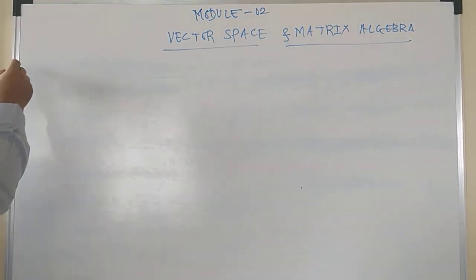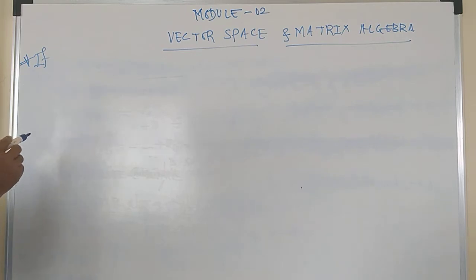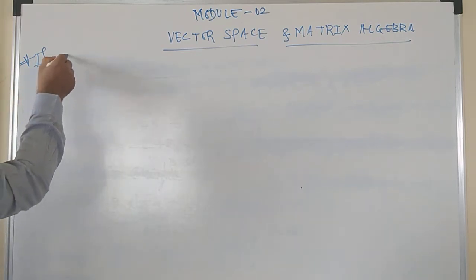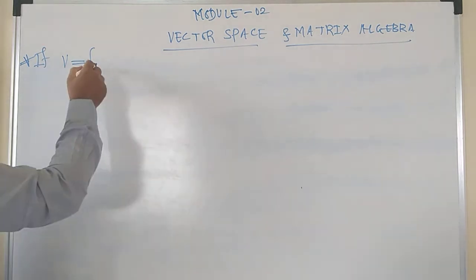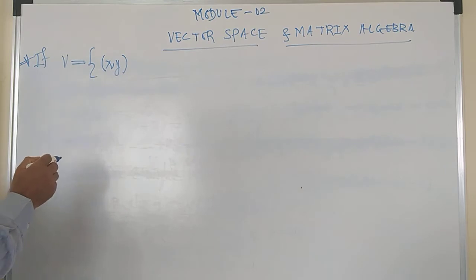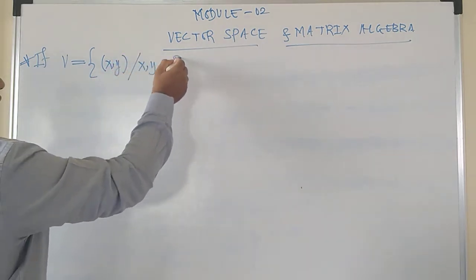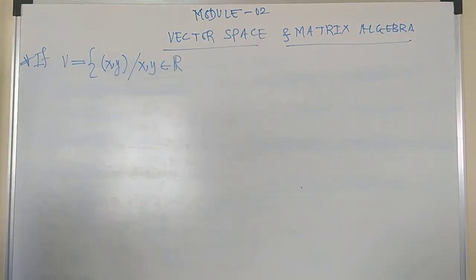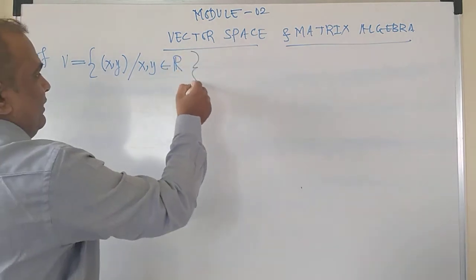So let's go for the first example. If V is a set of vectors x and y, and this set of vectors x and y belongs to a real field R, that means real numbers, right?